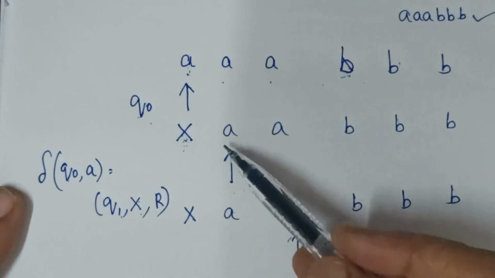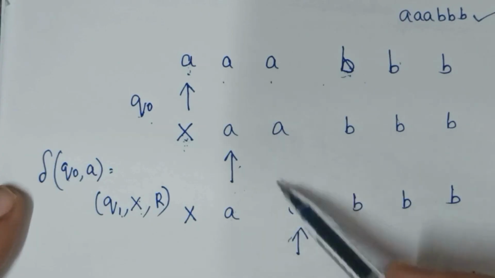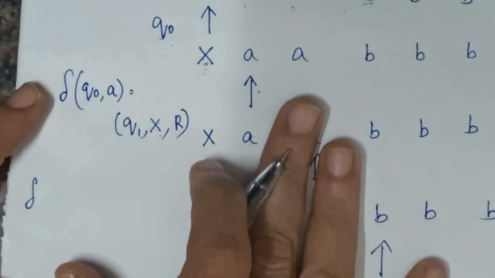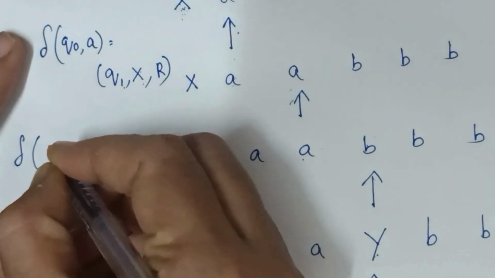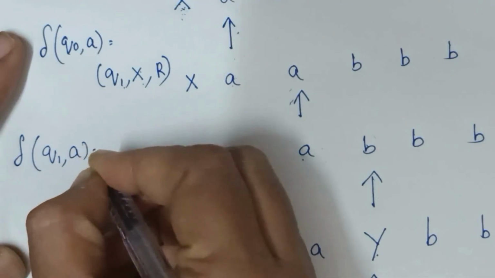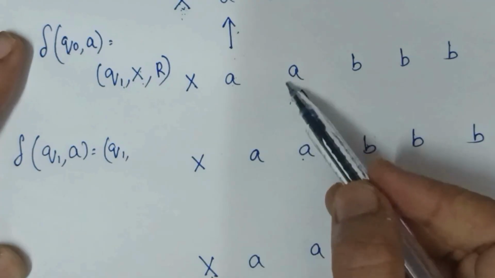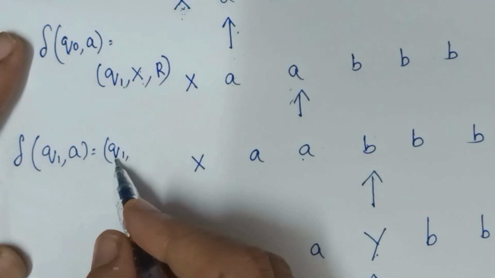Now we have many A's. Until you reach B, all A's are read and written. So the transition function for this can be written as delta of Q1 on A. Remain in the same state because no action is being performed. Read A, write A, read A, write A. The same action is performed again and again, so go to a self loop, that is Q1.